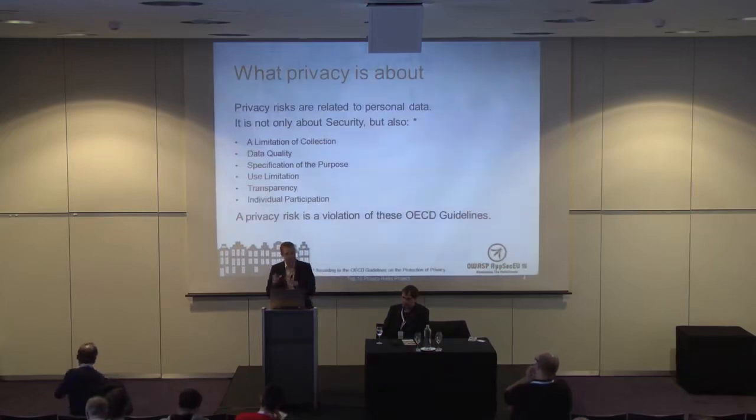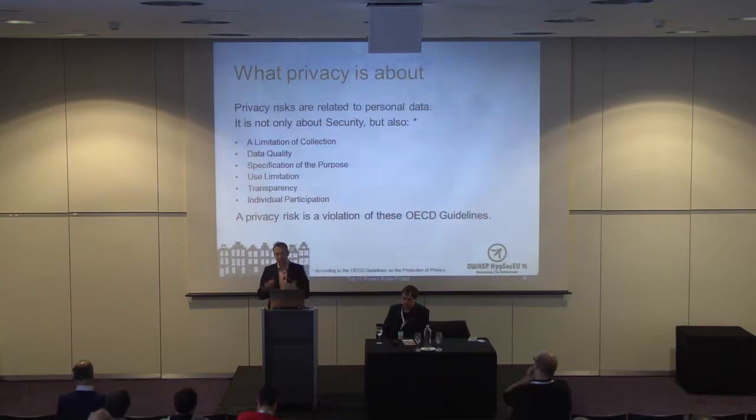Security, of course, is an important enabler for privacy, but privacy is also about a limitation of collection, so that not all data is collected, or just a decent amount of data is collected. It's also about data quality, that the data is integer and also correct.